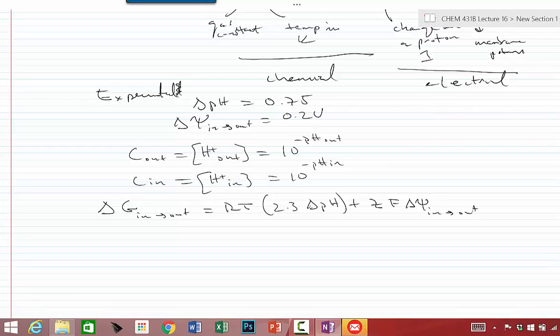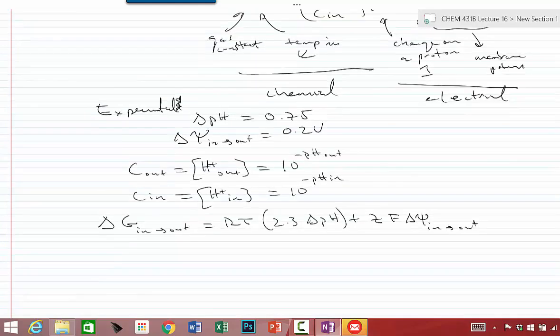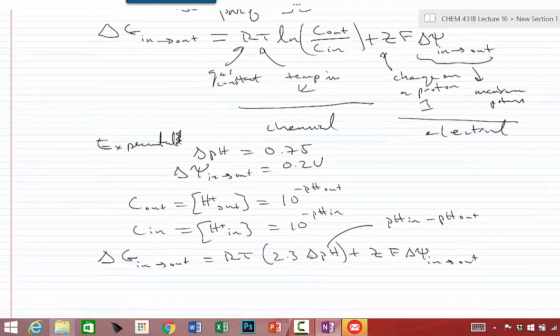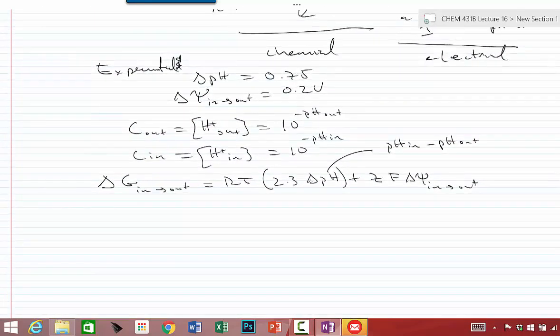And this change in pH is a positive number, therefore it's pH in minus pH out. Once this equation reduces to this, then it's very simple. All we have to do is plug in our numbers.